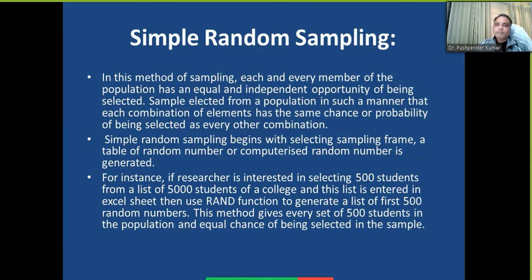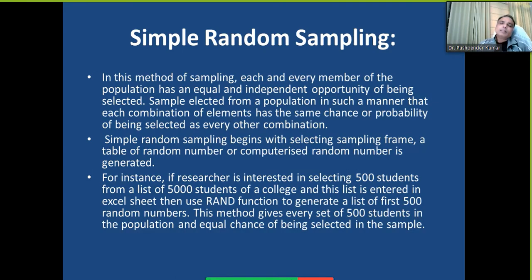Okay, the same example you can see here. If a researcher is interested in selecting 500 students from a list of 5,000 students of a college, and this list is generated in an Excel sheet, then use the RAND function. So you can do it in an Excel sheet also, right? To generate a list of the first 500 random numbers.